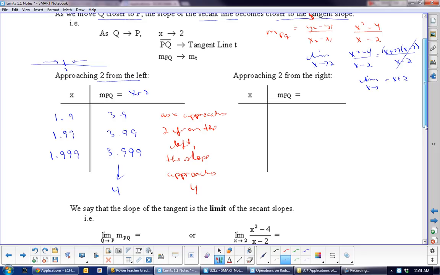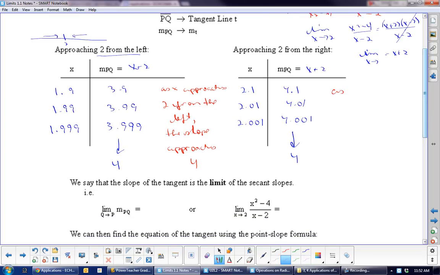Now if we do it from the right, from the right would be like 2.1, so that would give you 4.1, and then 2.01, that gives you 4.01. Okay, if you put 2.001 in, that's 4.001. And again, you can see this is approaching 4 as well.